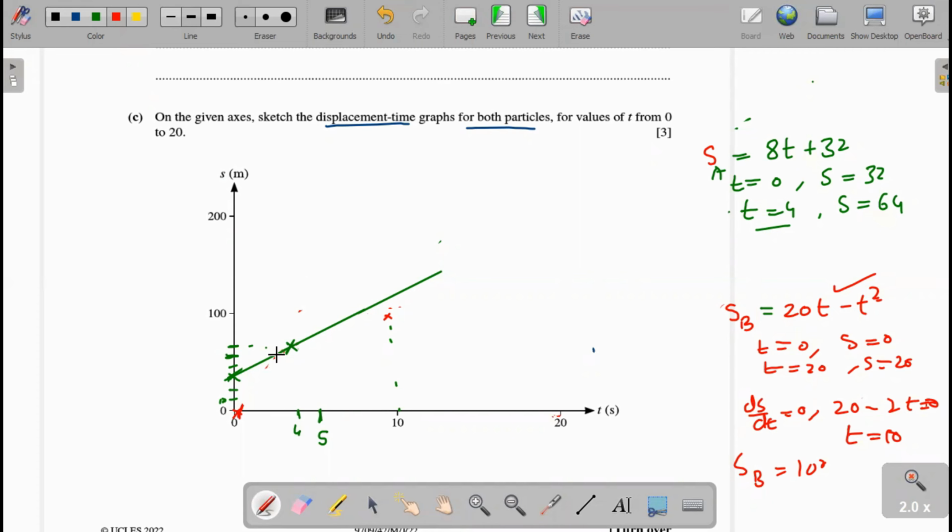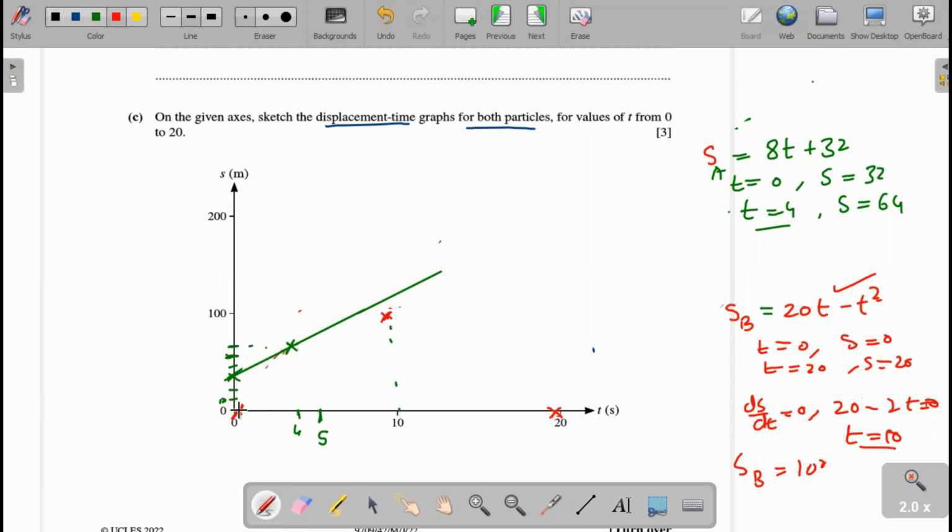Now we draw the displacement time graph for particle B. Here we join the point t equal to 10, that is 100 meters. The distance is 100 meters. And when t is 0, displacement is 0. When t is 20, displacement is 0.